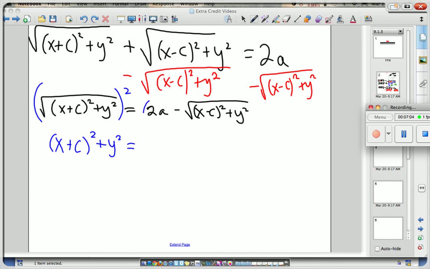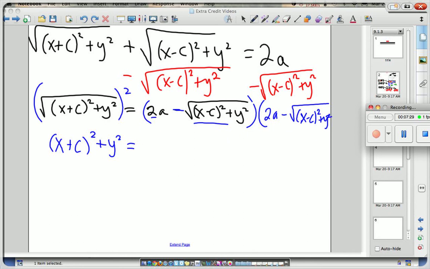We have to square this quantity, which is a difference of two things. So when I think of foiling, I'm going to rewrite this maybe in two different expressions as 2a minus the square root of (x minus c) squared plus y squared.